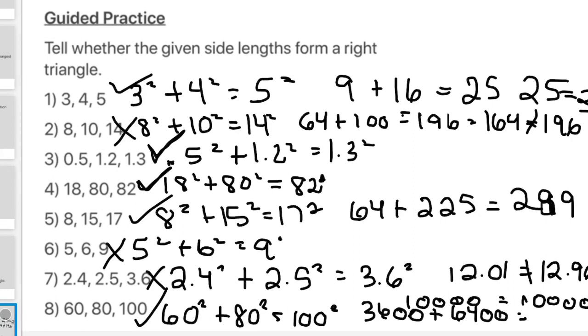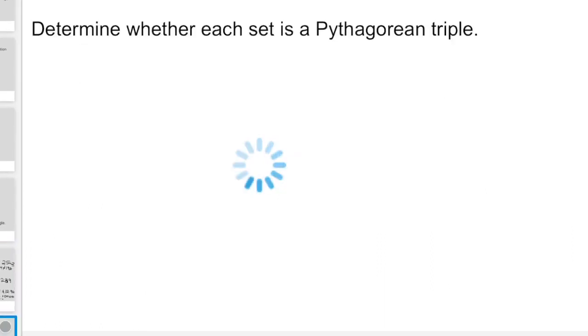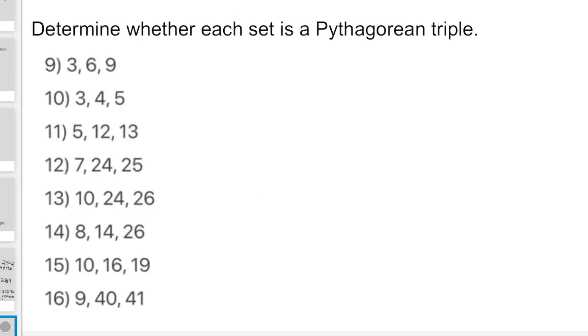Good job, guys. We've got a couple more problems that we're going to try. So let's keep on going. The directions change slightly, but I just want to show you that even though the directions are different, what they're asking us to do is still the same. The directions here say to determine whether a set is a Pythagorean triple. But we know that 3 numbers that form a right triangle are considered a Pythagorean triple.